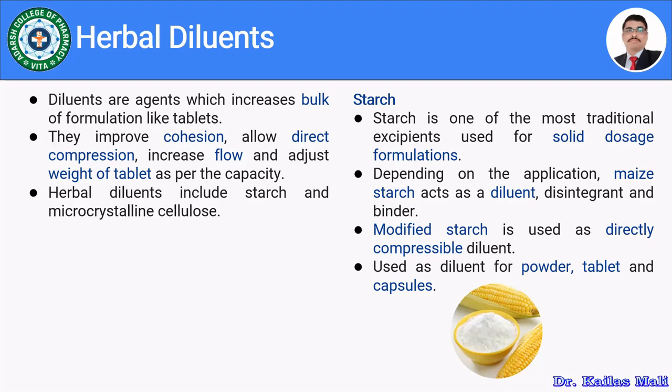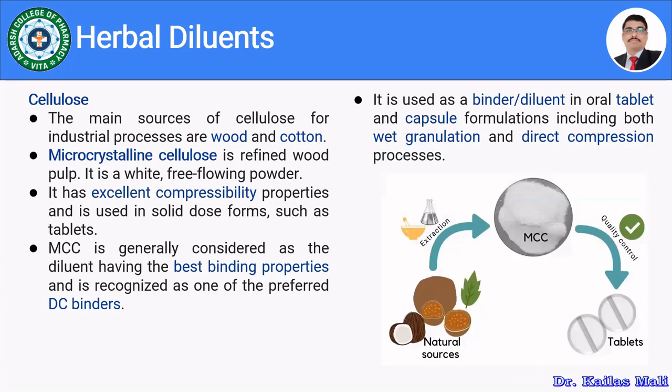Let us see the next example, which is obtained from cellulose, known as microcrystalline cellulose. The main sources of cellulose for industrial processes are wood and cotton. Wood and cotton are the major sources to get the cellulose, right? And microcrystalline cellulose is a refined wood pulp. It is a white, free-flowing powder.